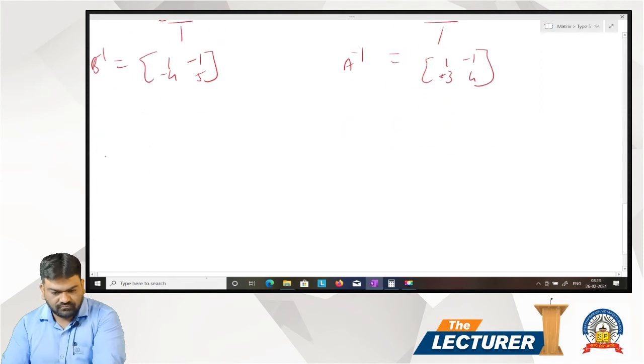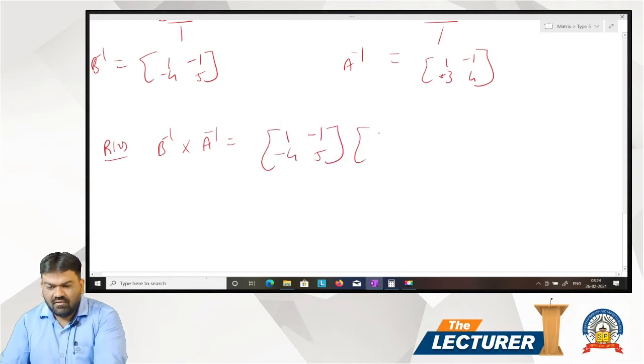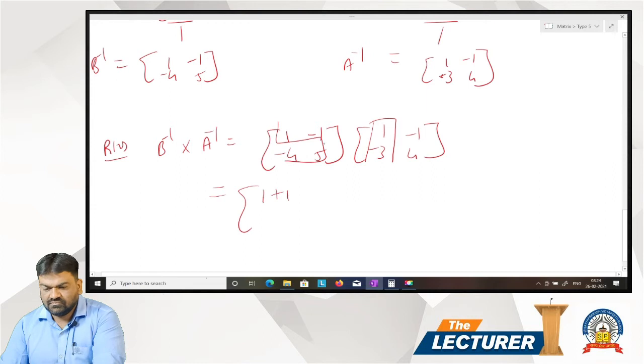Now right hand side, B raised to minus 1 multiplied by A raised to minus 1: [1 -1; -4 5] and [1 -1; -3 4]. First row, second column. 1 plus 3, minus 1 minus 4, minus 4 minus 15, 4 plus 16.